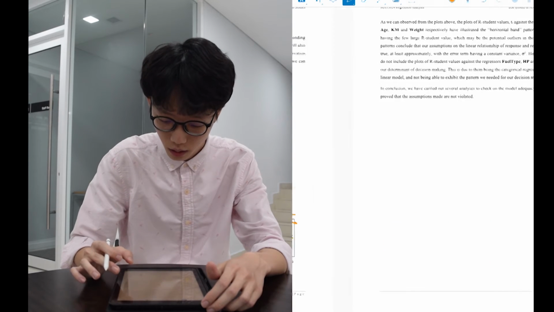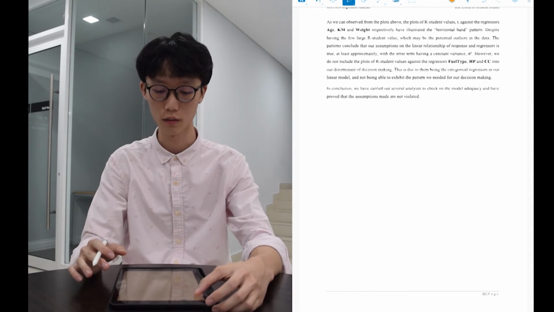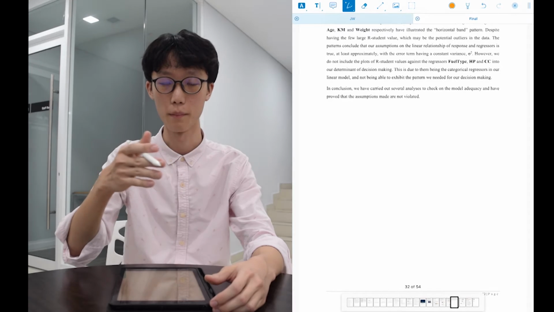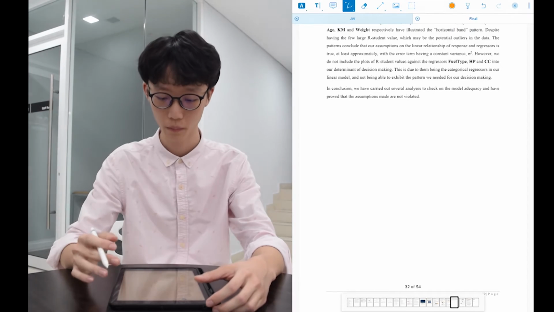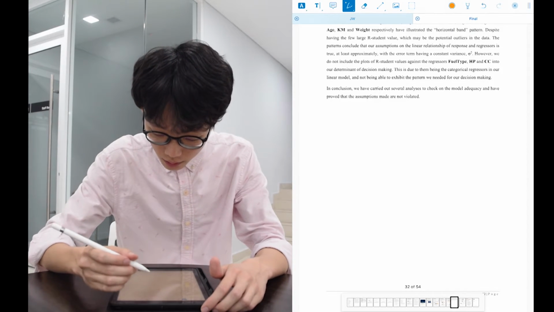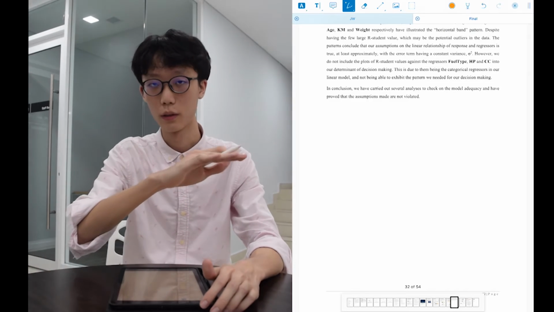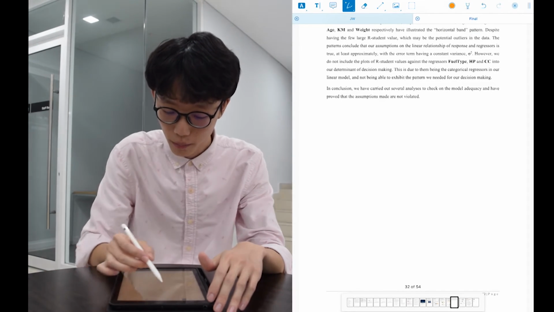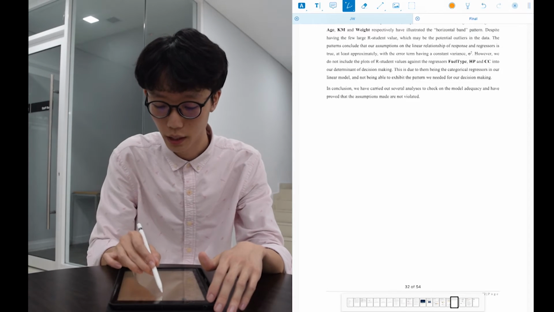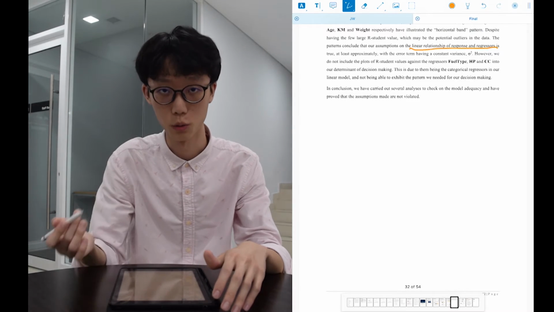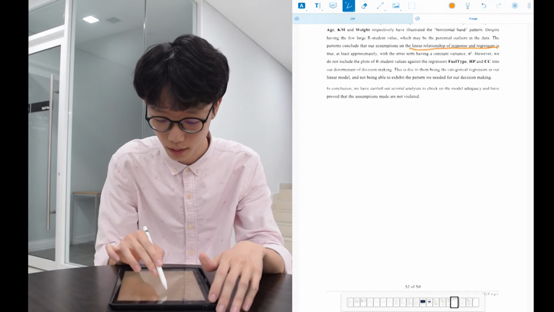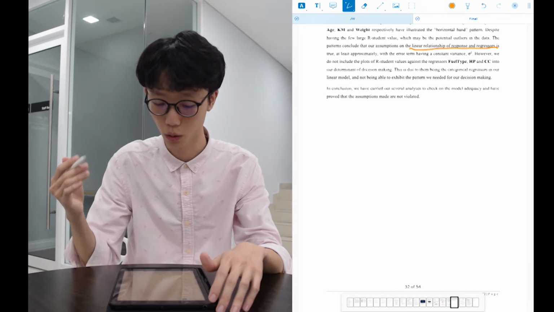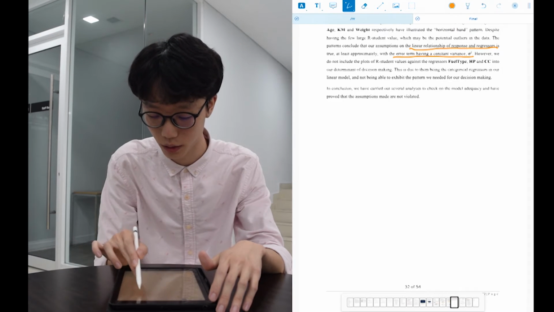Now I can conclude from the plot versus fitted and plot versus regressor that since they have a horizontal band pattern, our assumption on the linear relationship between the response and regressor is true, at least approximately. We also conclude that our error term has a constant variance sigma squared.